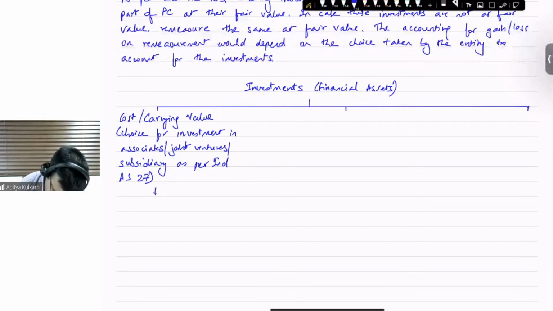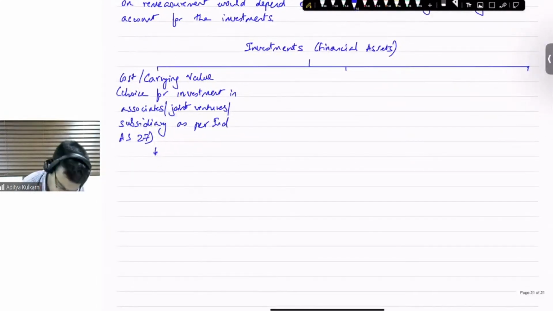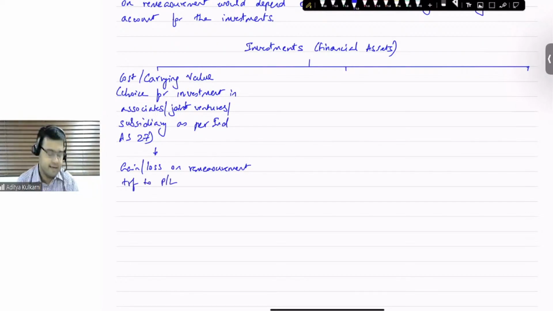Since this is appearing at cost, there would be a gain or loss on remeasurement, which will be transferred to P&L.